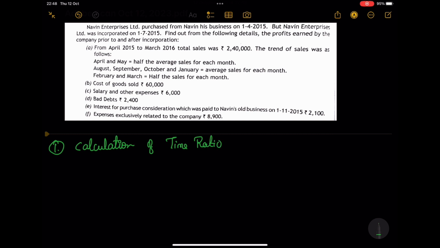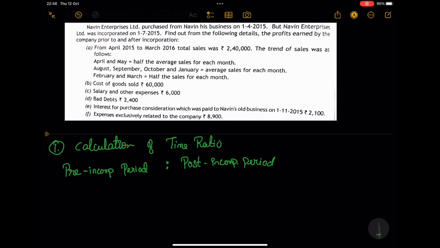So how are we going to calculate the time ratio? First we have to identify the pre-incorporation period to the post-incorporation period.